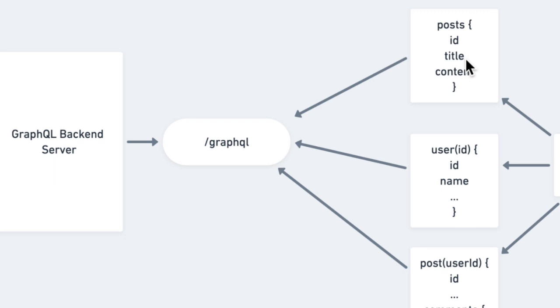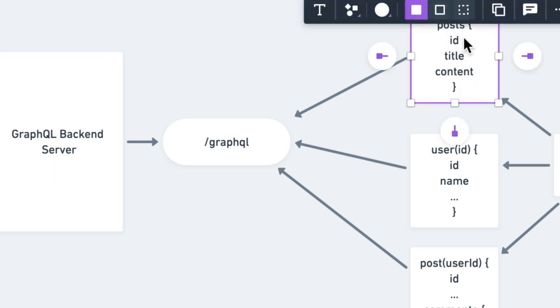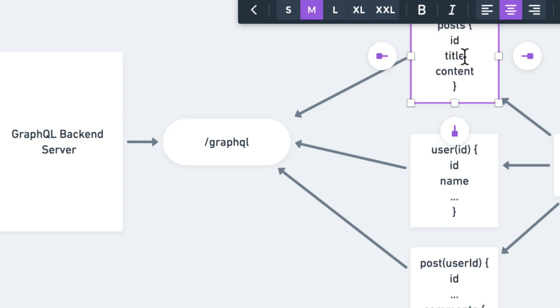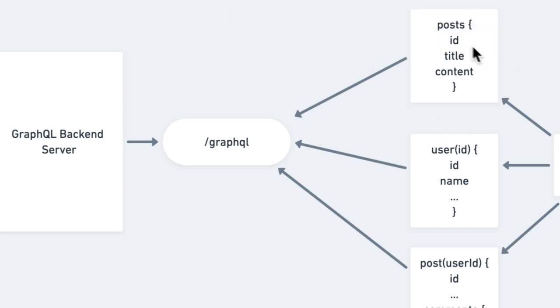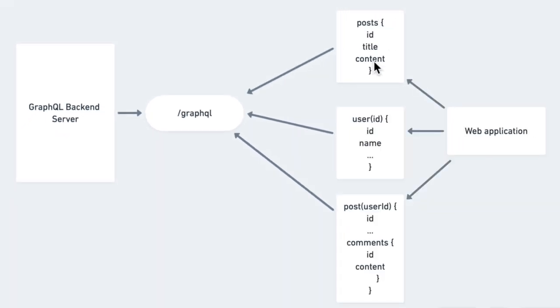Meaning that if we only wanted ID, title, and content, we would just pass the ID field, the title field, and the content field. If we didn't want the title field, we just remove it from this object and we pass that. And then the server, if successful and authorizes us to receive this information, will send us back an array of these posts where each of those post data individually only have the ID and the content variables on them.